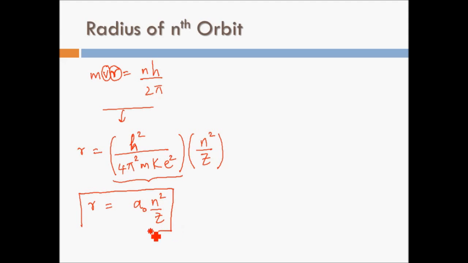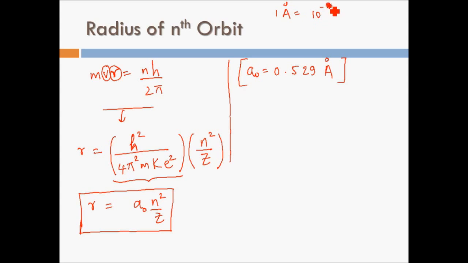Now this expression you do have to remember even for your school exams right now. a naught is the constant, and its value is 0.529 angstrom. This value also you have to remember. If you remember, 1 angstrom is 10 to the power minus 10 meter.